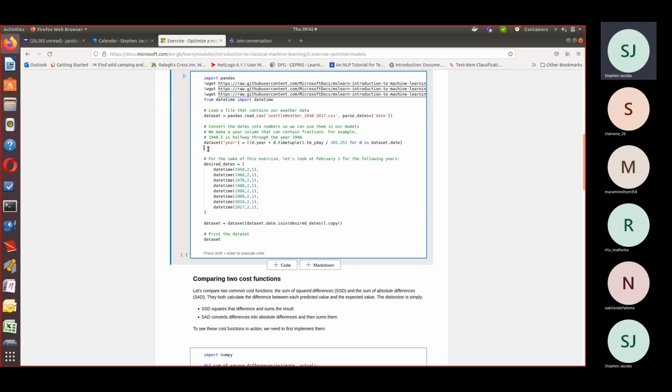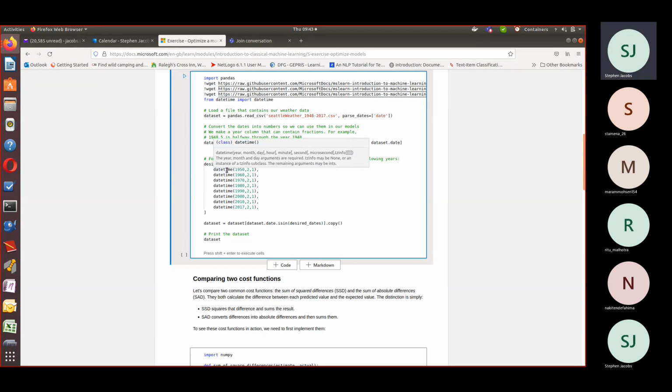So we're allowed to use fractions now for parts of years. So let's look at February the 1st for the following years. So this is a simple view. We're not going to load in the dates anymore for the moment. We're going to specifically convert these values here. So the desired dates are date time.